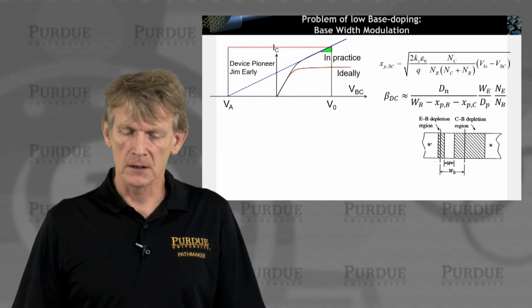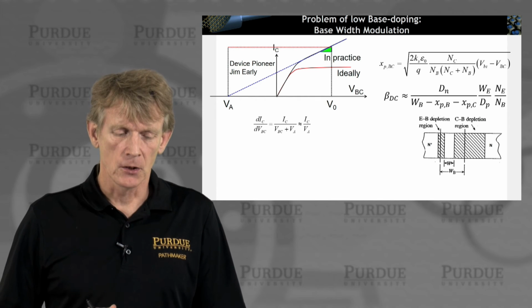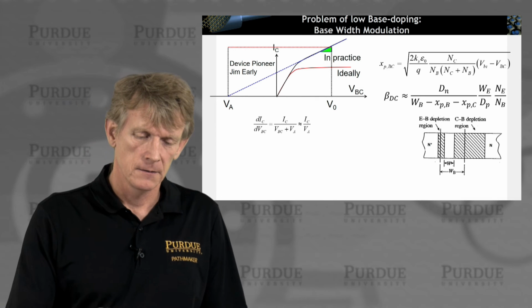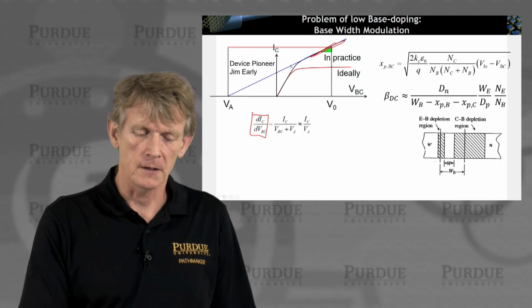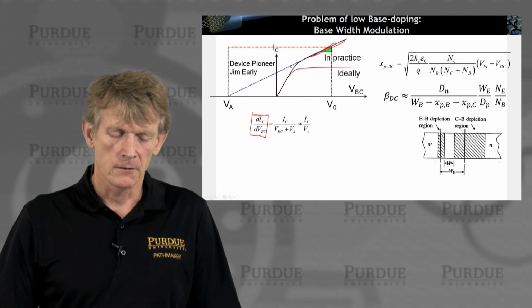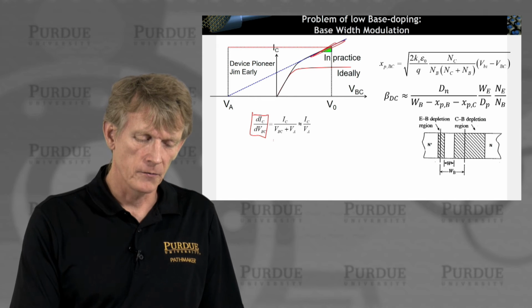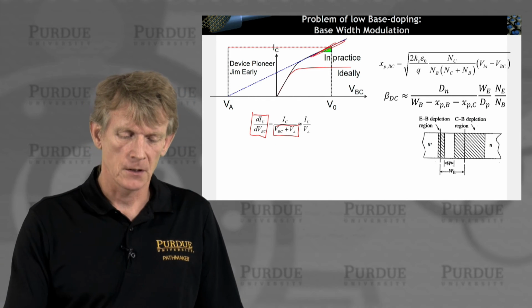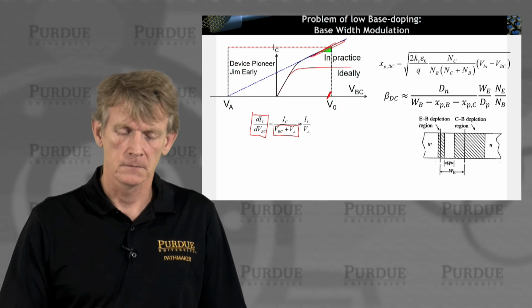Now, let's look at this a little bit in more detail. Okay, so I'm writing down dIC over dVBC. So this is this slope here, okay? All right, so that is IC over the VBC plus some VA. Okay, so I'm operating here at this particular VBC.